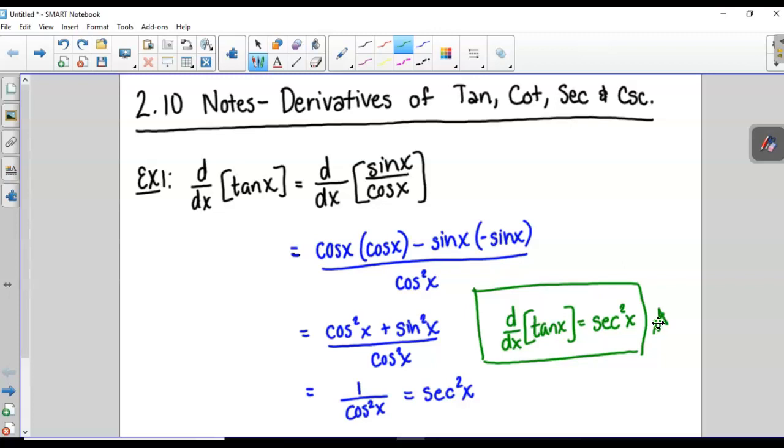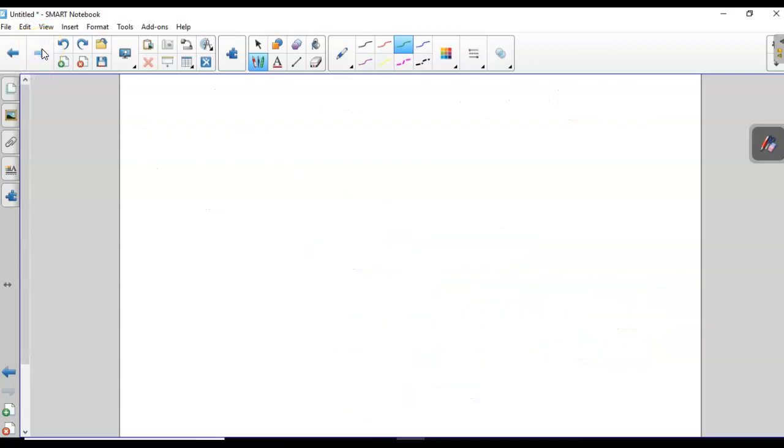What I would like for us to do now is split you up. For example 2, I'm going to have u3 right here do the derivative of cotangent of x.